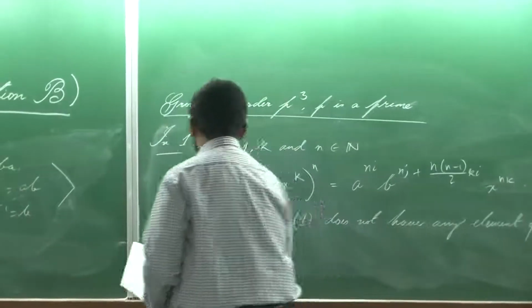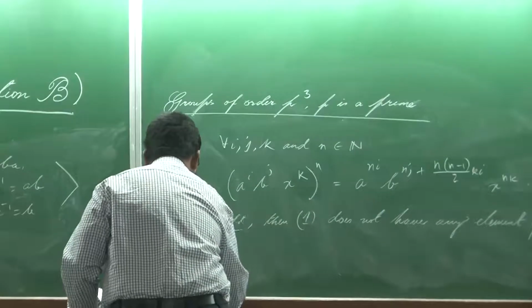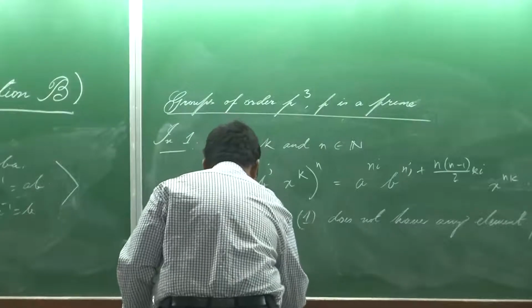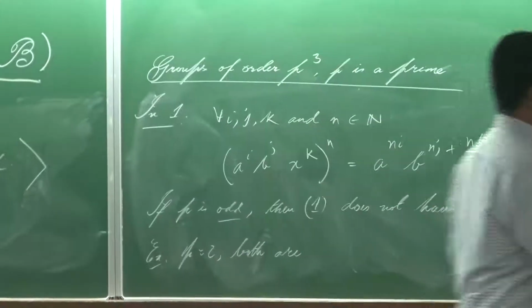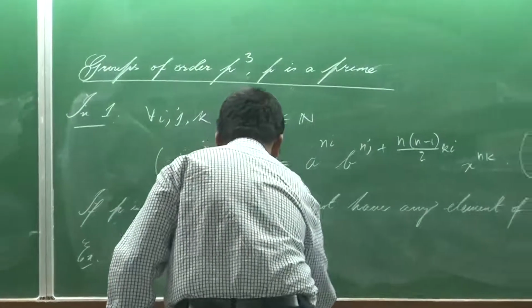When P is 2, the second exercise is for P is 2: both are isomorphic to, so this one is Z modulo 4Z semi-direct product Z modulo 2Z, so that is D8. Both are isomorphic to D8.